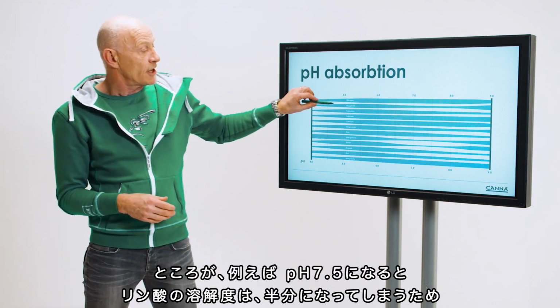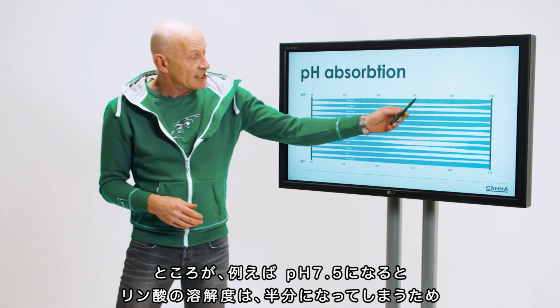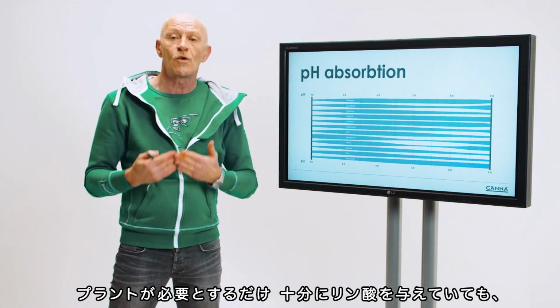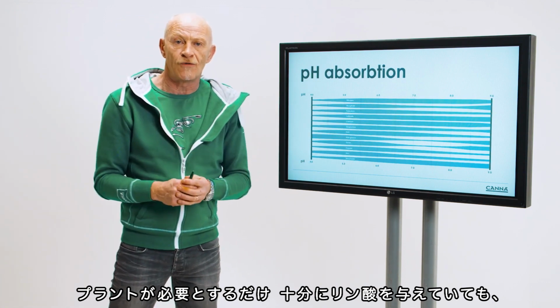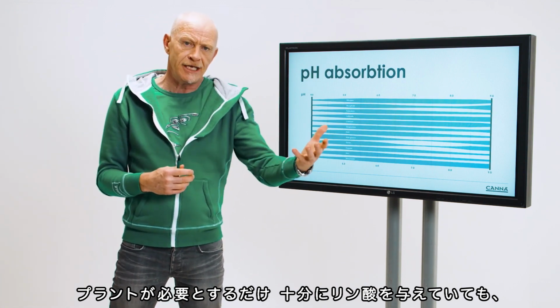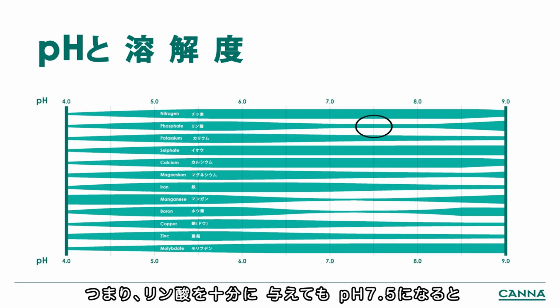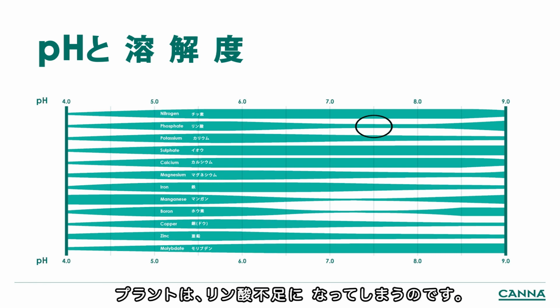But for example, if we take phosphor at a pH level of 7.5, although we gave 2 elements of phosphor and the plant needs those 2 elements, it can only take half of it, which is only 1. That means the plant will show a deficiency of phosphate. Although you give the right amount, it was not all available for the plant.